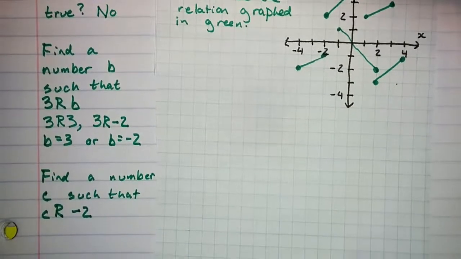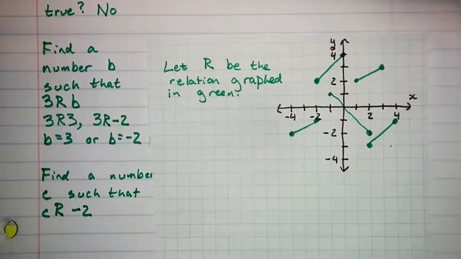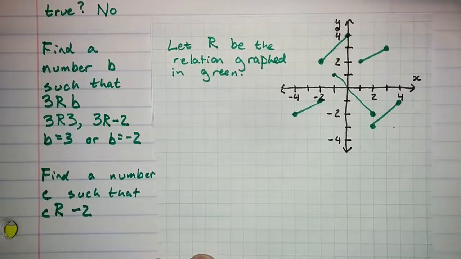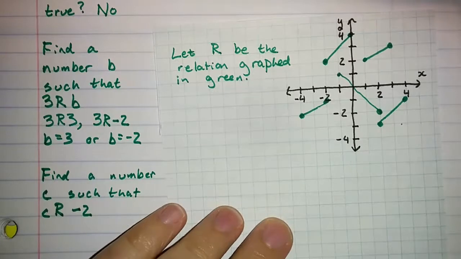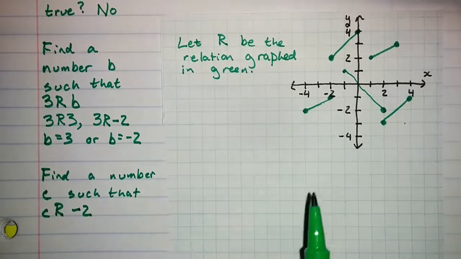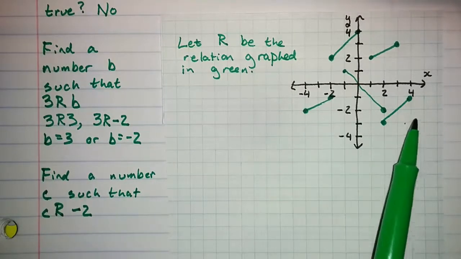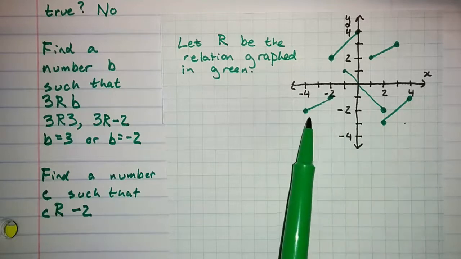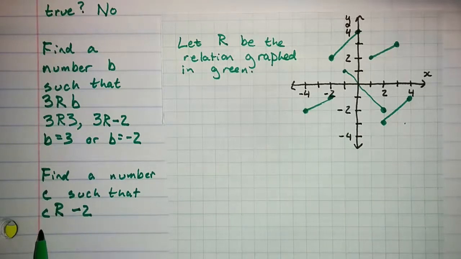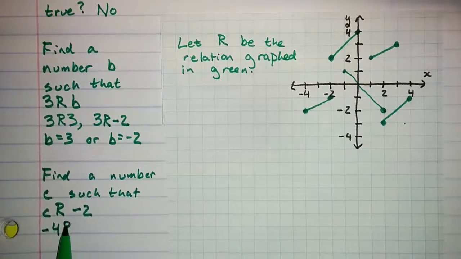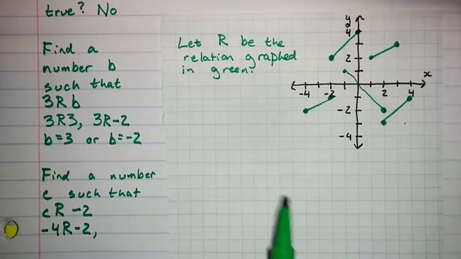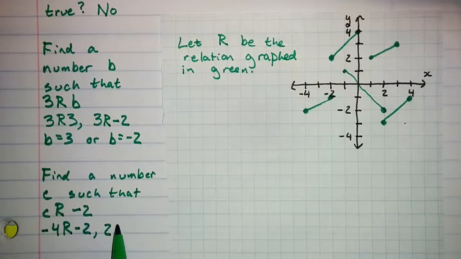If I asked you to find a number c such that c is related to -2, that means a point on the graph whose y-coordinate is -2. We notice that -4 is related to -2. 2 is related to -2.